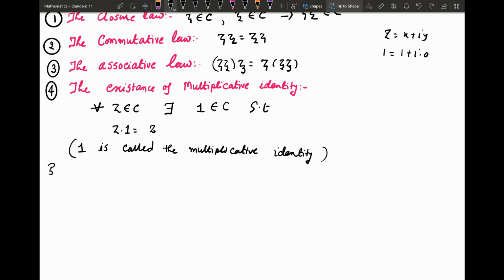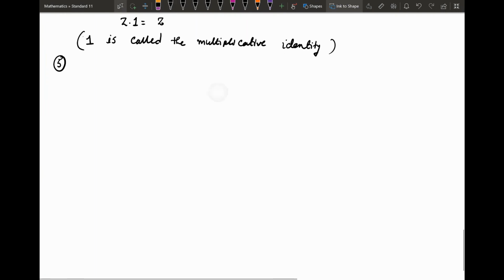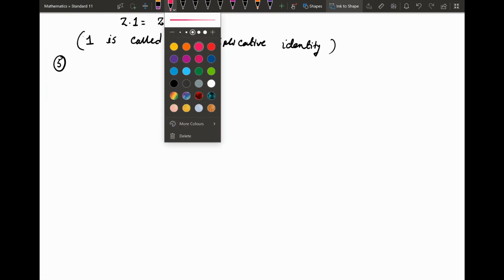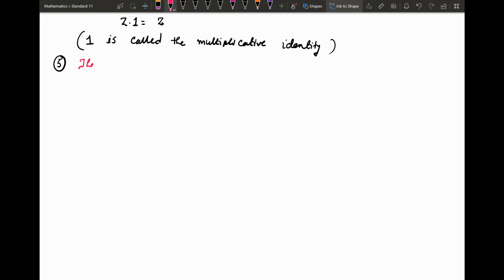And the fifth property, existence of multiplicative inverse. Once we have identity, then we can discuss inverse for multiplication.